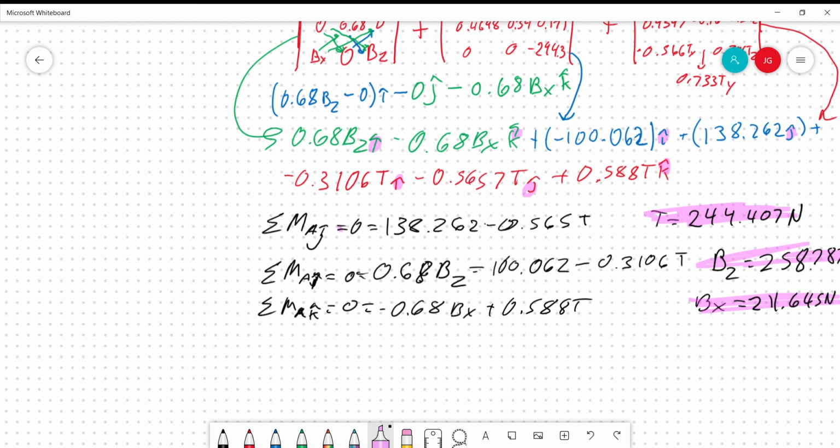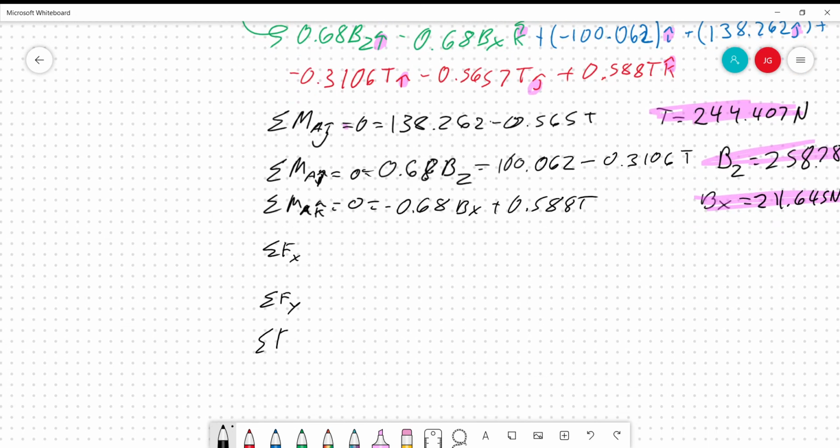Which is really simple. All you gotta do now, as you know, doing problems in 3D, you have 6 equations to work with. The sum of forces and sum of moments equals 0. So now we do sum of forces in X, sum of forces in Y, and sum of forces in Z, equals 0, equals 0, equals 0.